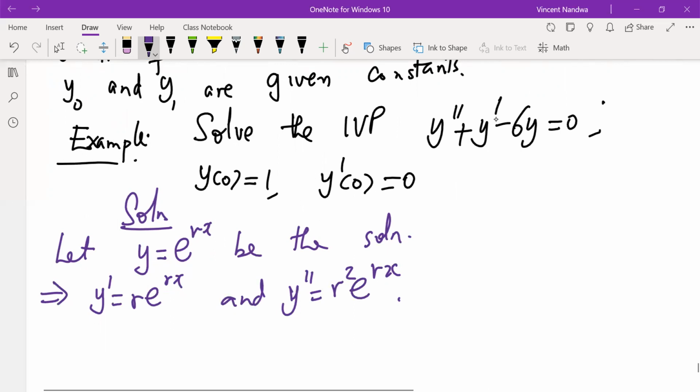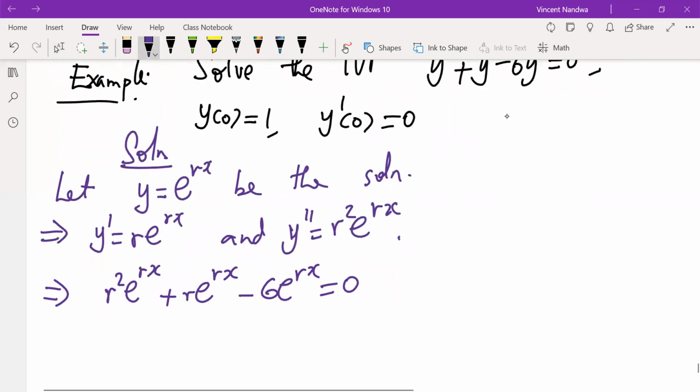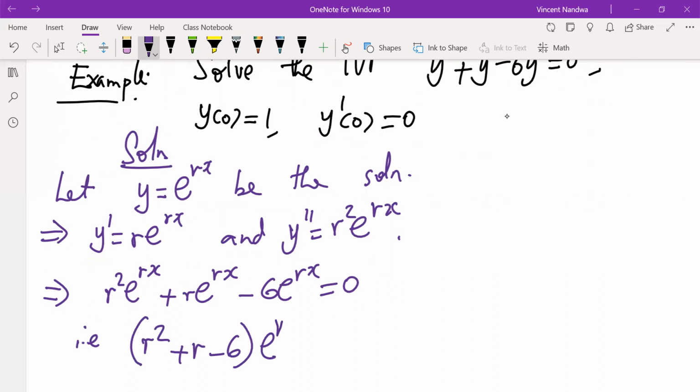So using these values in the differential equation, we have r squared e raised to power rx plus r e raised to power rx minus 6 e raised to power rx equals 0. So we'll have r squared plus r minus 6, factoring out e raised to power rx, equals 0.